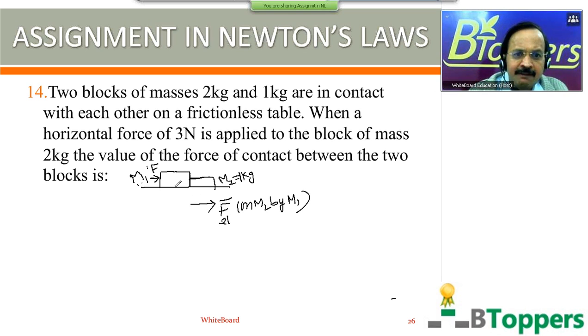During the motion, the mass M1 pushes the mass M2 towards right. According to Newton's third law, to every action there is always an equal and opposite reaction. Here action is the force on M2 by M1, which acts towards right.